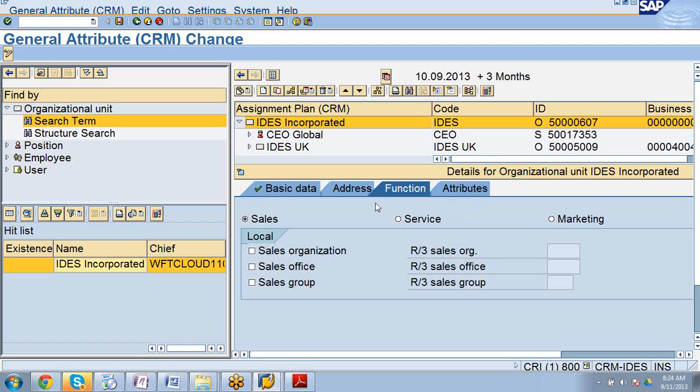Can you hear me, all of you? Yes, sir. So functions and attributes. I just want you to take it as details for org unit. In that: basic data, address, functions, attributes, so that anytime somebody asks you, you remember.